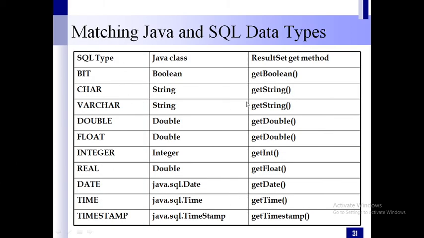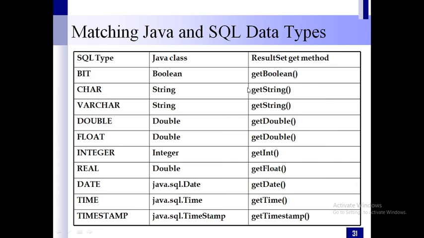Now, how can we match the data types of SQL and Java classes? In SQL, if it is a bit, in Java it is Boolean. In the ResultSet method, we have to write getBoolean. You have seen that when passing parameters, you used setInt, setFloat, setString.